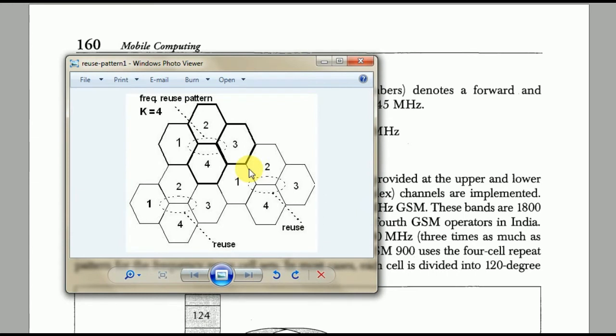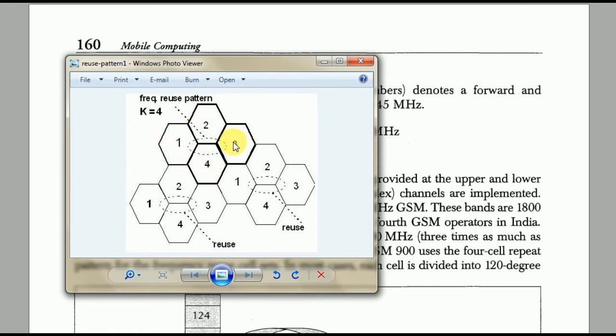GSM 900 uses the 4-cell repeat pattern for the frequency reuse cell sets. We have the picture of the 4-cell repeat pattern. In this picture you can see this is cell 1, this is cell number 2, this is cell 3, this is cell 4.